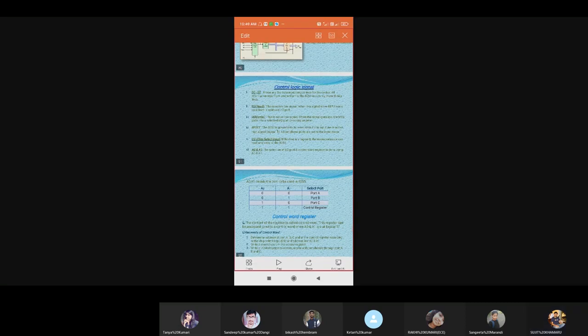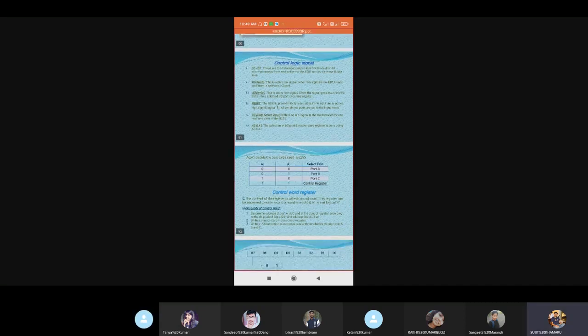Now, what is the necessity of the control word?